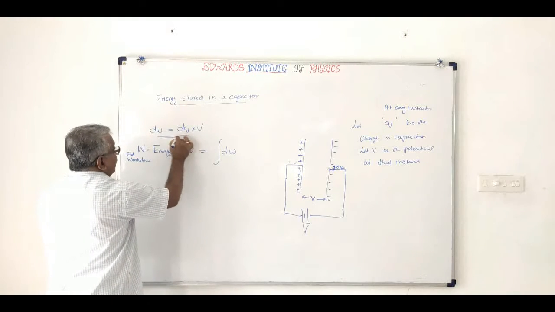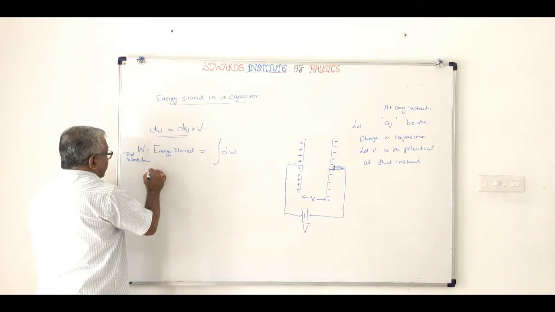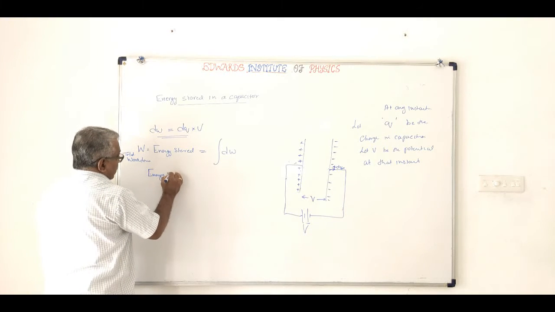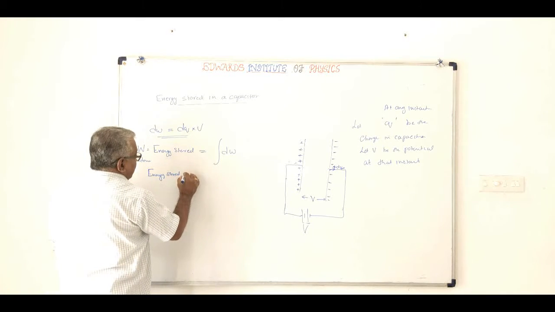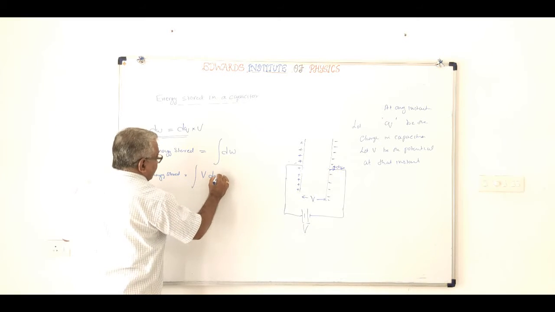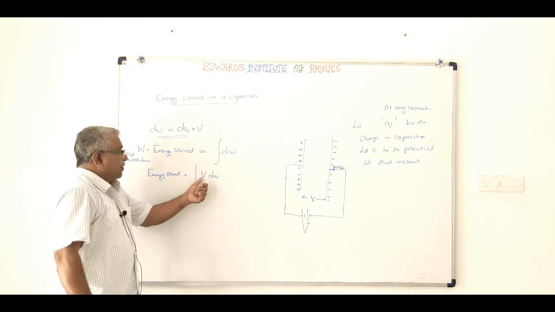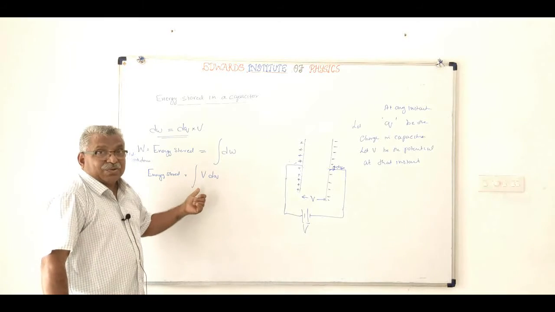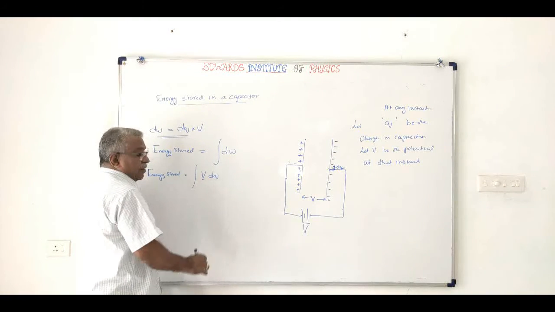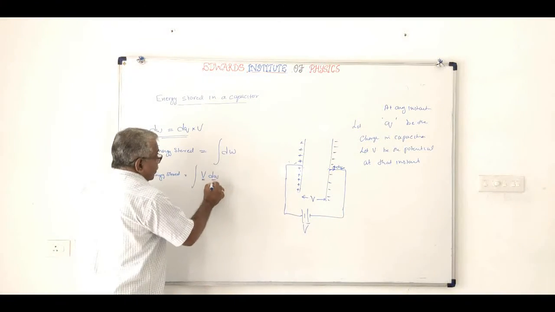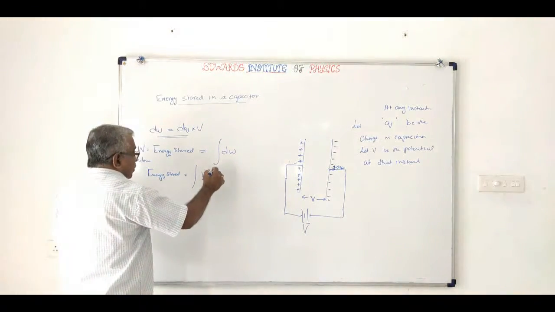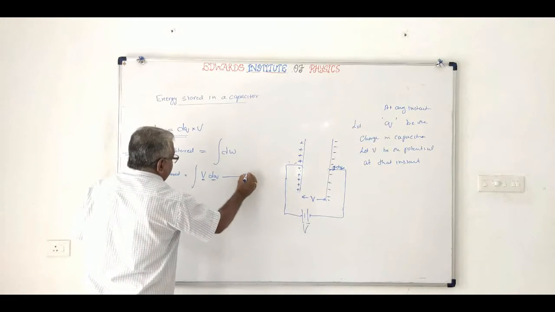But dw is equal to dq into V. So I can write energy stored is equal to integral V dq. Here V is the potential and dq is the charge. You cannot integrate these two. Either you have to convert V in terms of Q, or you have to convert dq in terms of V. Both you can select, so I will show both. So this is equation number 1.